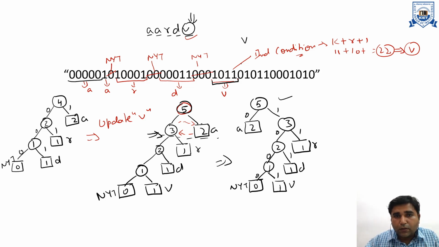Now the pointer is on this value 0. By traversing from the root node we get this 0. Just wait.